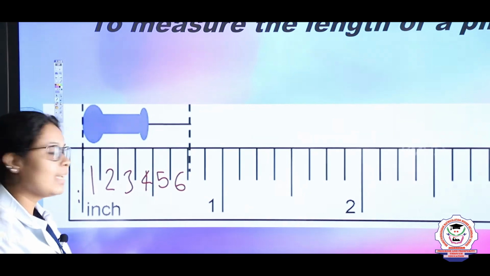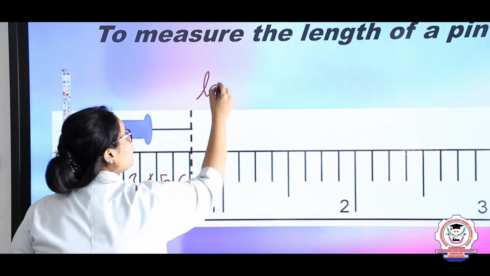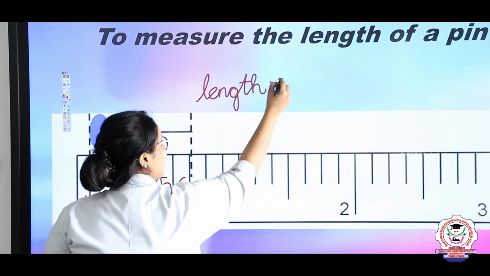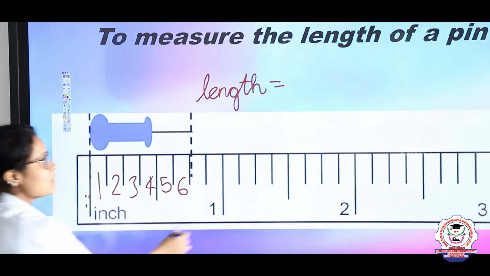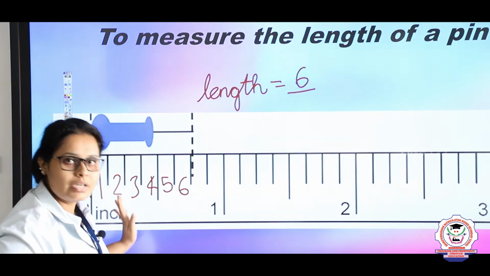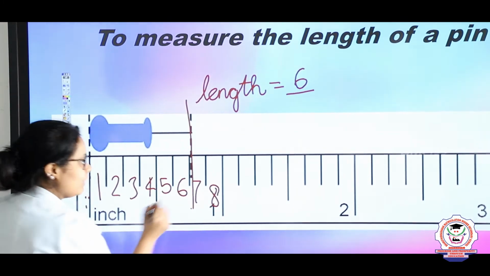So what is the calculation? The length of the pin we can take as 6 parts divided by the total number of parts. Here the total number of parts is 8, and it is occupying till here, right?